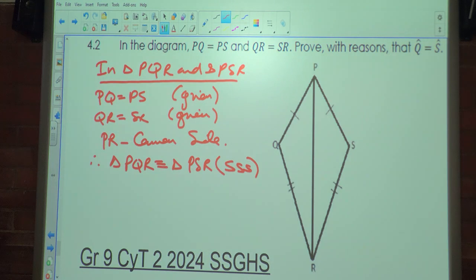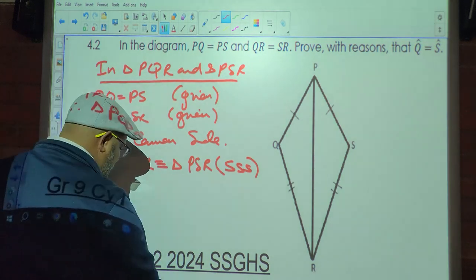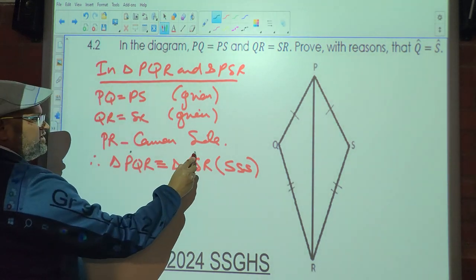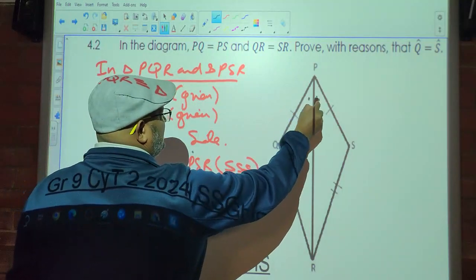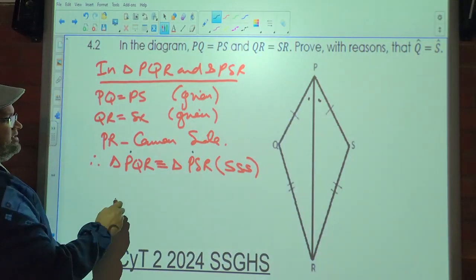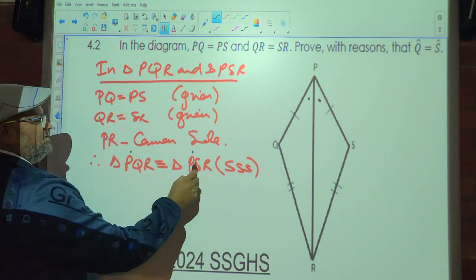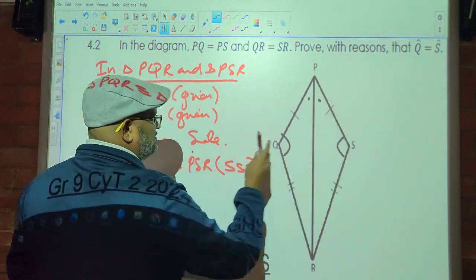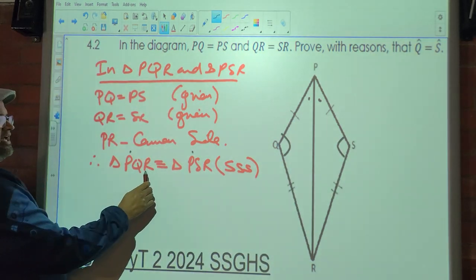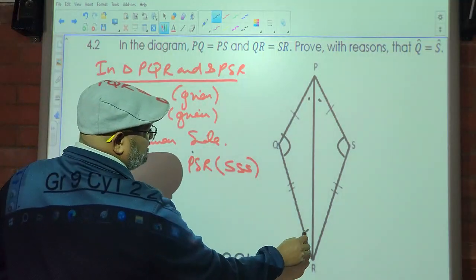Did I ever answer the question? No. So from here we can conclude that angle P of that triangle is equal to angle P of the other triangle. Angle Q is equal to angle S, and that's what we wanted. And angle R of this triangle is equal to angle R of that triangle.